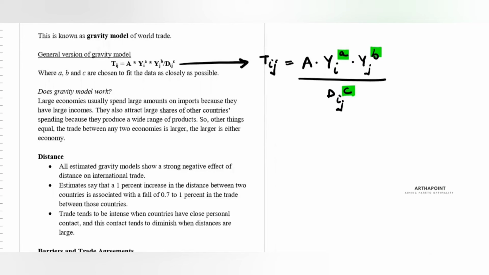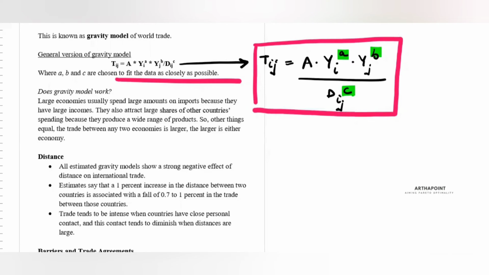This is done using econometric regression. You just have to understand that this is a simple model which says that trade depends directly on the GDP of the two countries and inversely on the distance between them.